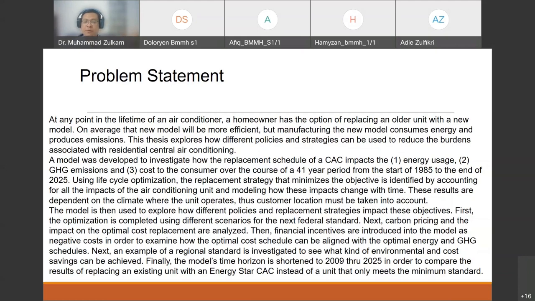So the product will be maintained at least 40 years, 30 years, because we should pay back our early investment. So the model is then used to explore how different policies reflect green technology. The policies are a reflector of green technology.